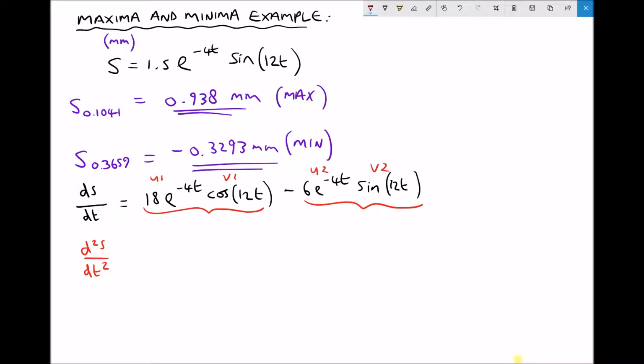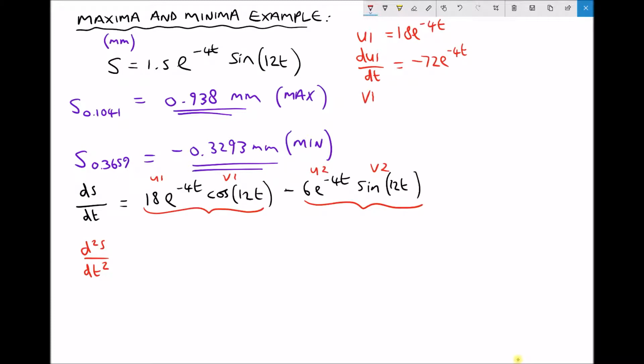u2, v2 for reference. And I'm going to add my values of u1, v1 and u2, v2 in the top right hand corner. So I have u1 equals 18e to the minus 4t. Therefore, the derivative du1 by dt is minus 72 e to the minus 4t.